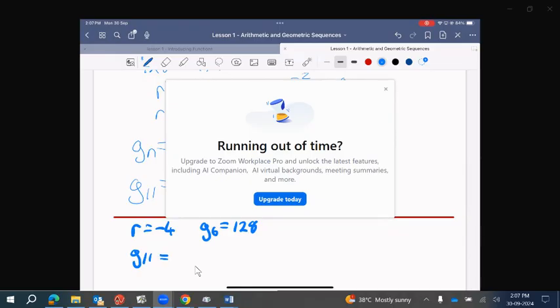So this should be 128 times negative 4 to the 5. And this will bring us to the same point.